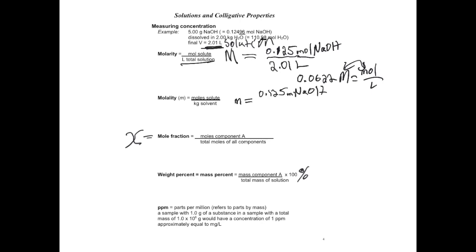In this case, we have 2.00 kilograms of H2O. And if we plug that in, we get 0.0625 molal, or you could say moles per kilogram of water.